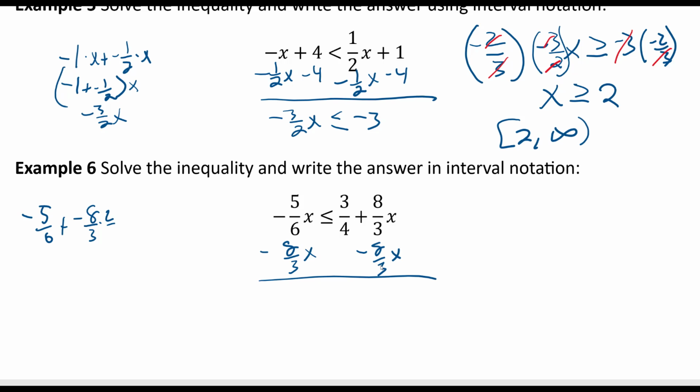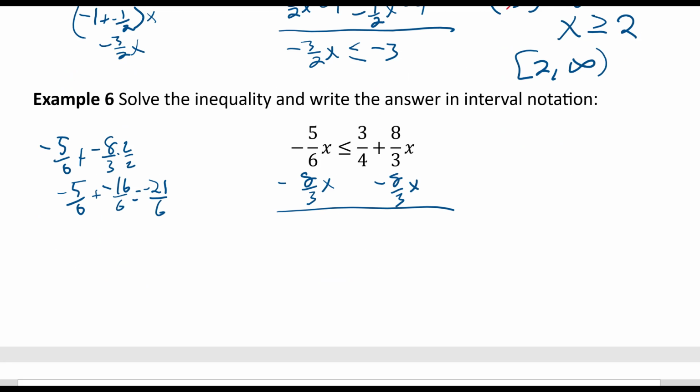I need to multiply this by 2/2, so negative 5/6 plus negative 16/6 gives me negative 21/6. Boy, that's getting kind of messy. And this reduces to be negative 7 halves if we divide out 3 out of the numerator and denominator. So we have negative 7 halves x is less than or equal to 3/4.